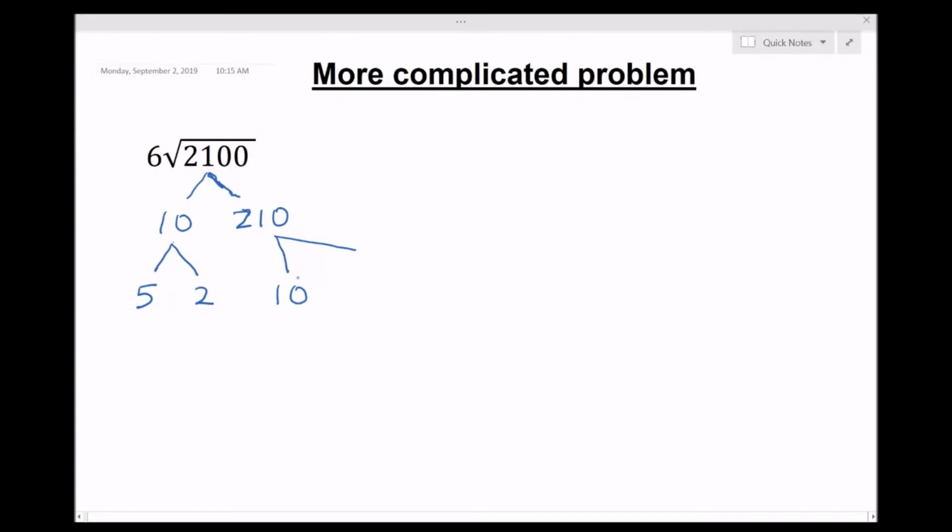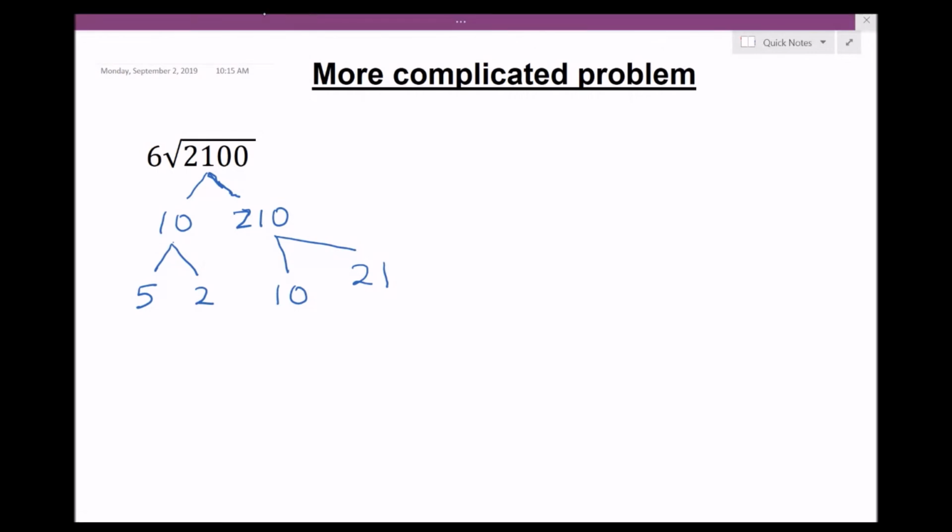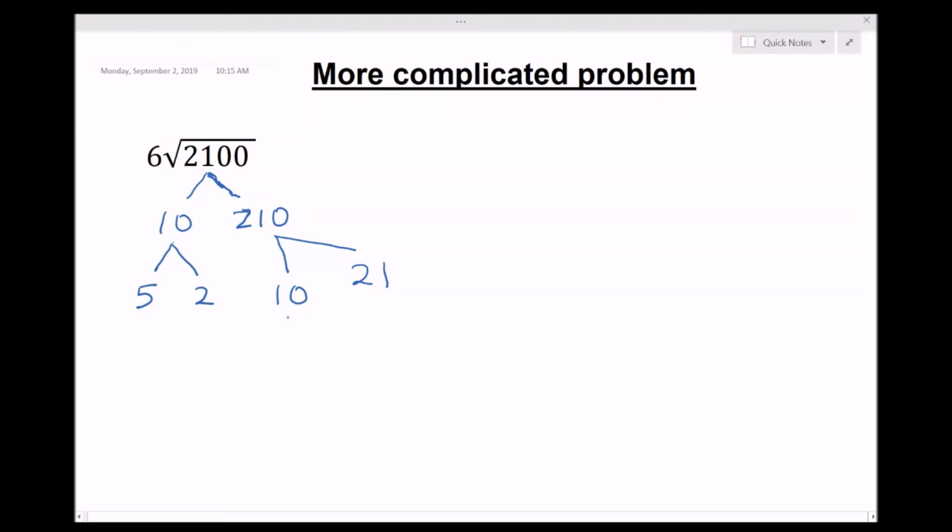So here's another 10. 210 is 10 times 21. And then this other 10 you can split again into 5 and 2. And then what about 21? 21 splits into 3 and 7.